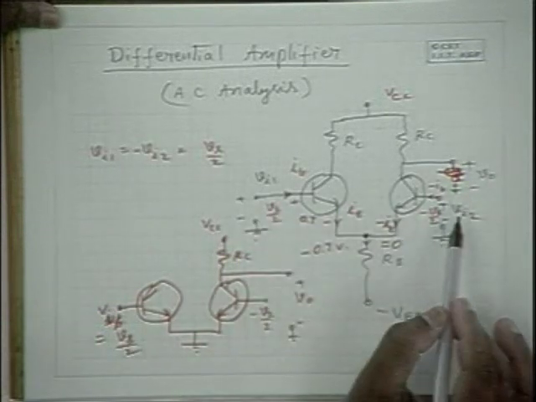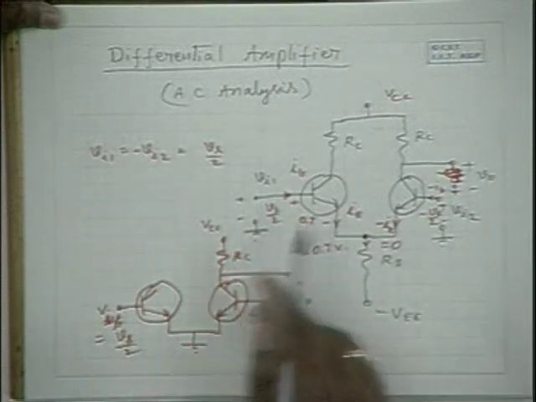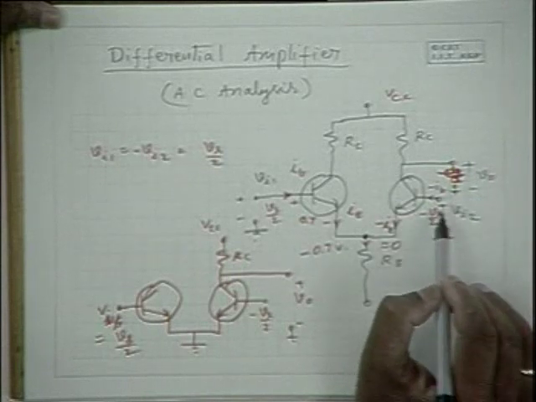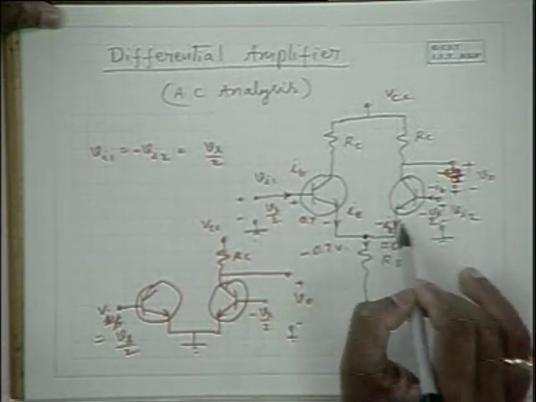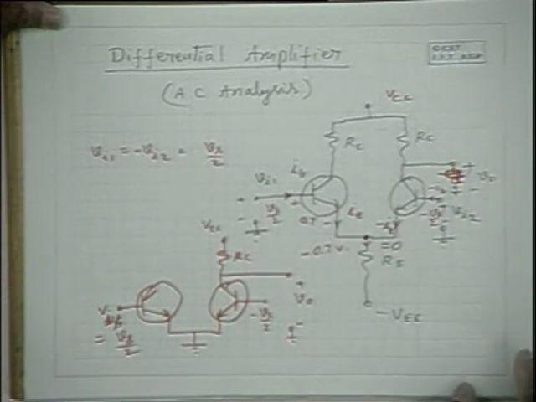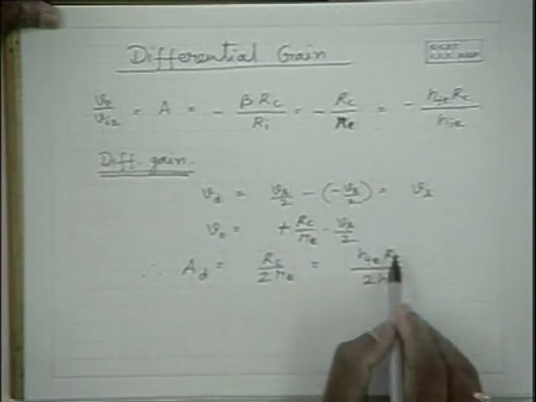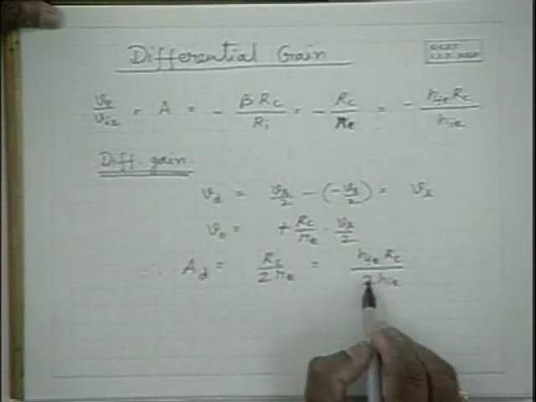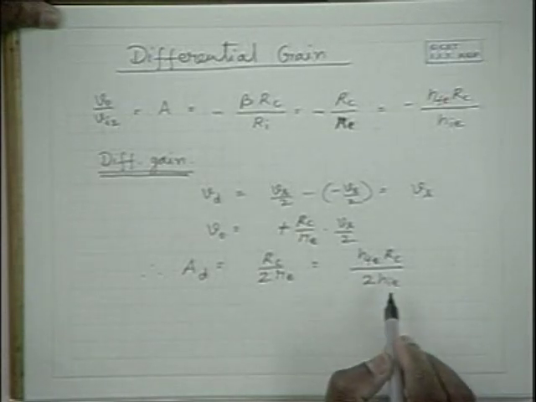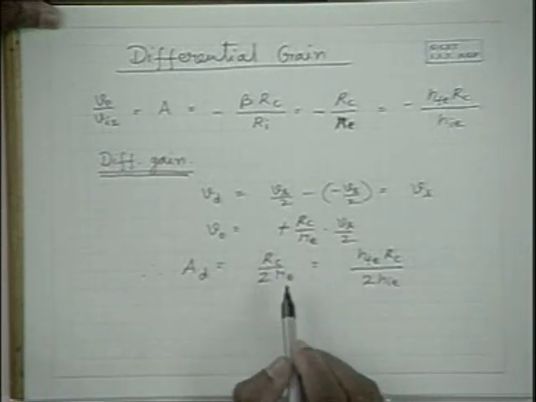So with this minus this, the signal is double the signal applied here, and the output is equivalent to that for the same signal on one side, which is half. We get the differential gain as a positive common emitter voltage gain with a factor 2 in the denominator. Hence, the differential gain is HFE RC by 2 HIE or RC by 2 RE.